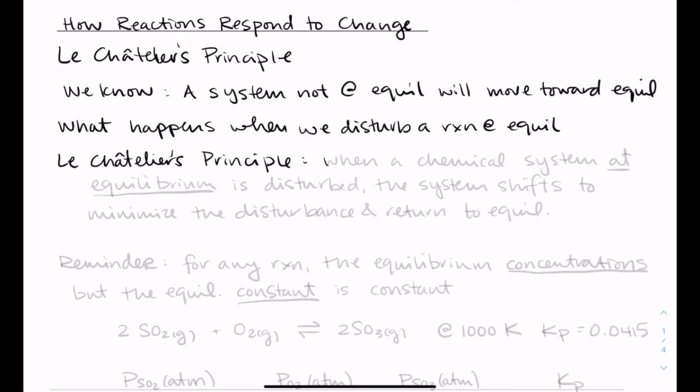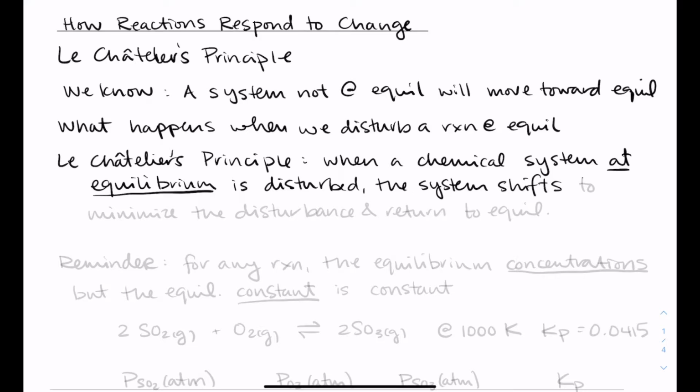When we do something to it, it's no longer at equilibrium, and we're back to what we came into this video knowing, which was that a system not at equilibrium will move toward equilibrium. So the reaction, after we have done something to disturb it, will return back to equilibrium from whatever new place we have ended up in based on the type of disturbance.